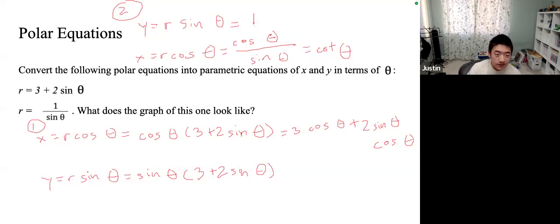So we noticed that y is constant and equal to 1, and since cotangent of theta can be any real number, this is the equation y equals 1, which is a straight line.